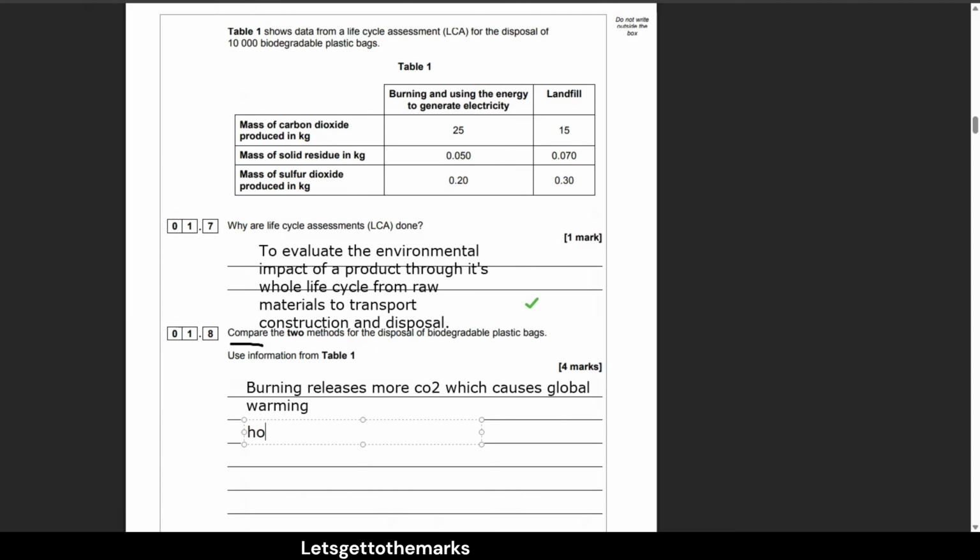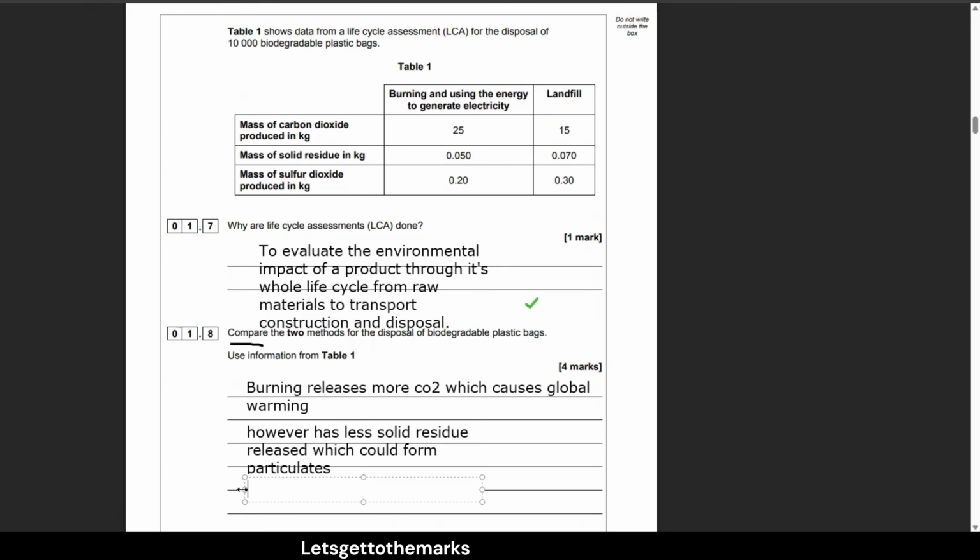However, it has less solid residue released, which could form particulates. So, however, less solid residue released, which could form particulates.